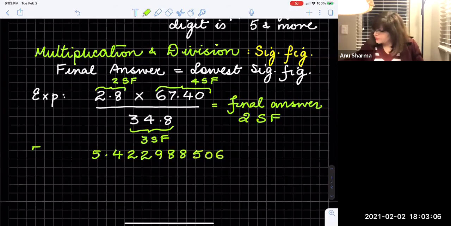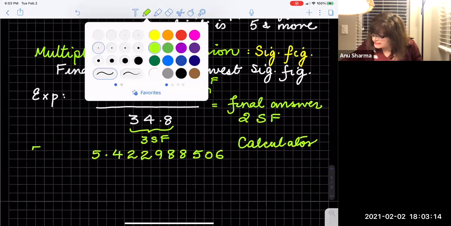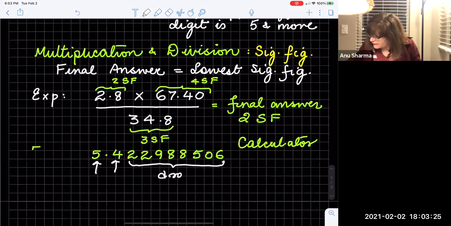Okay, this number you will see on the calculator when you do the calculation. So you're going to now apply the rules regarding the significant figures, and we only need two significant figures. That means we need this number and this number, and the rest of these numbers are going to be dropped off.